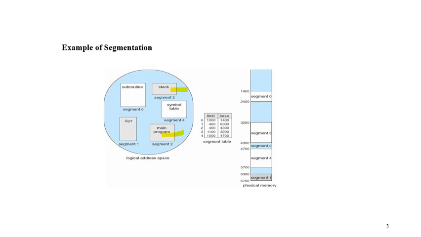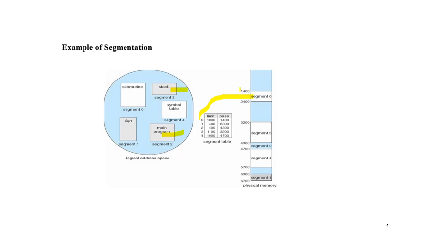As you can see, for each segment, segment 0, 1, 2, 3, 4, there is a starting address, that is the base address, as well as the limit. So for segment 0, the starting address is 1400 and the limit is 1400 plus 1000. So the limit is this one.